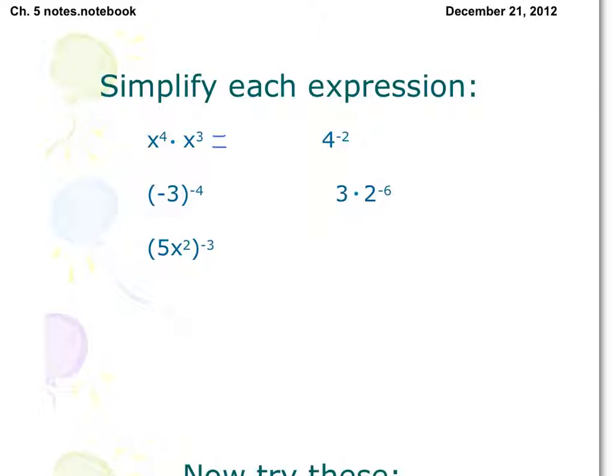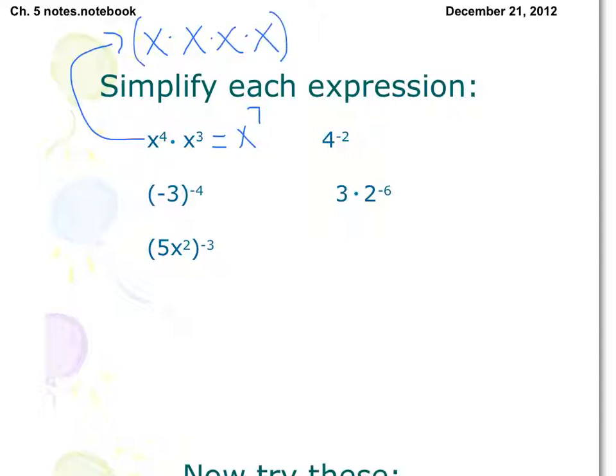x to the 4th times x to the 3rd. First thing to notice here is they have the same base. Because of that, we can add the exponents here, and that would be x to the 7th. Easy way to justify that law really quick: if we wanted to write out x to the 4th, that's x times x times x times x.